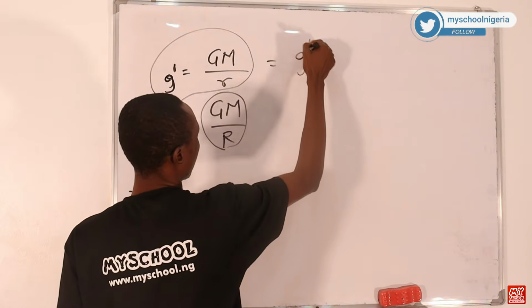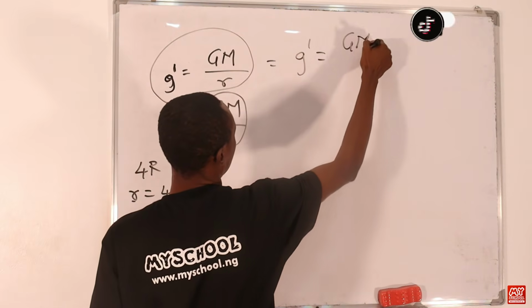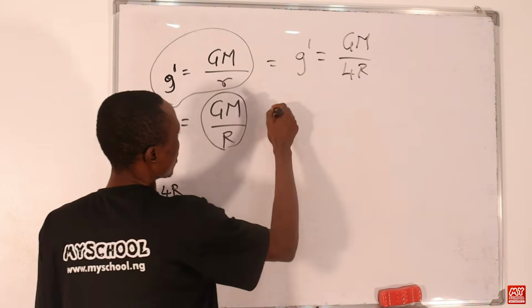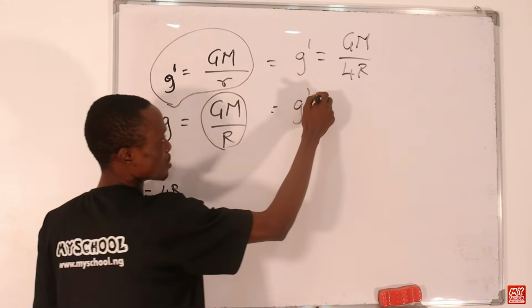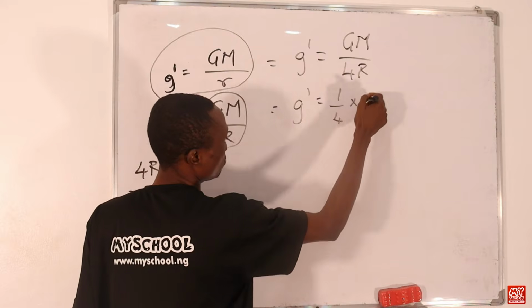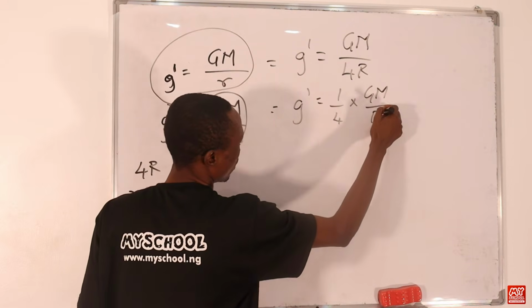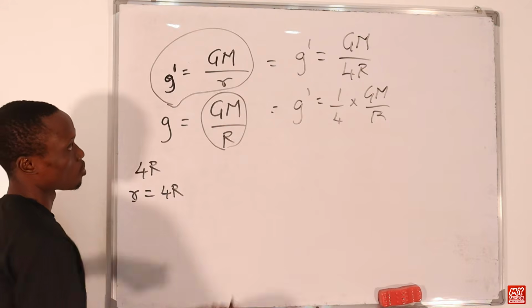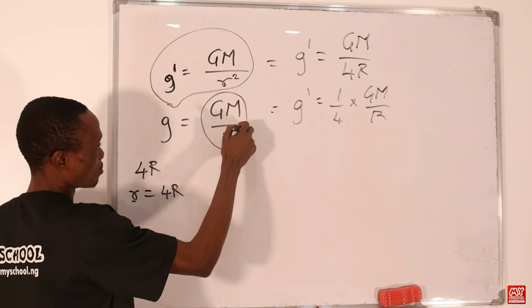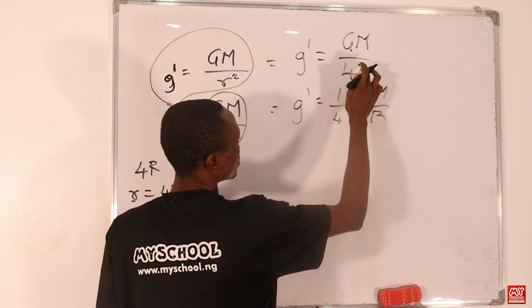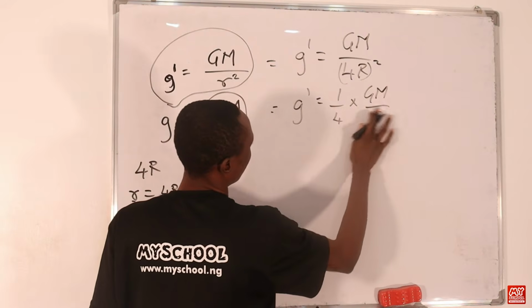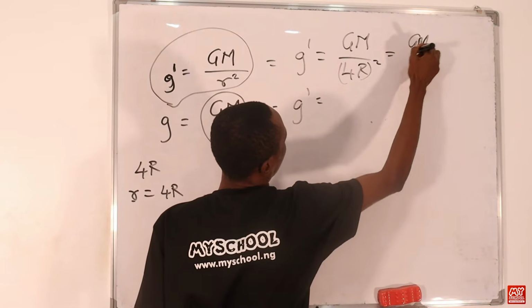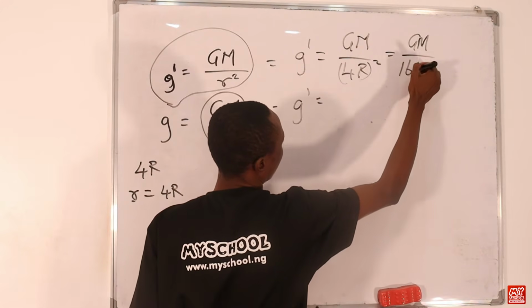So our g prime now becomes GM all over 4R, all squared. This equals GM all over 16 R squared.